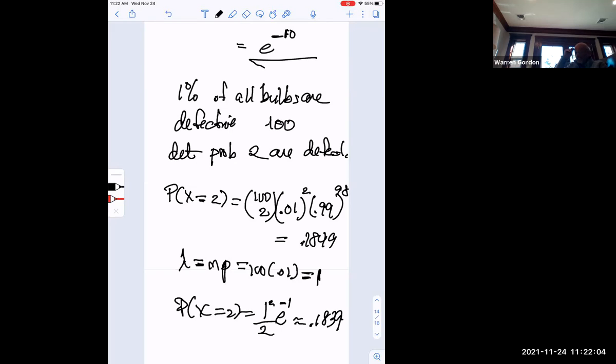So notice, approximating a problem by Poisson might be easier to do than actually doing it via the binomial distribution. That was the whole point of this exercise, to show you that we can approximate binomial distributions by Poisson distributions.